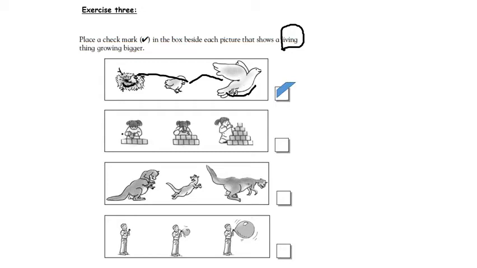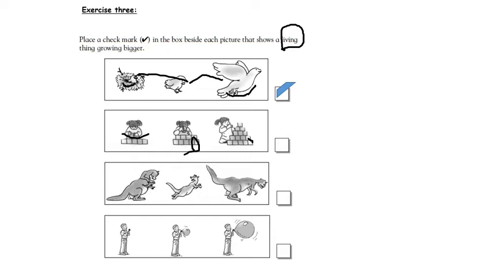Let's move on. Here we can see a girl building a wall using stones or bricks. Are the stones living or non-living things? They are non-living things. So she's building a wall and it is growing taller and taller, but it's a non-living thing, so we should not place a check mark.